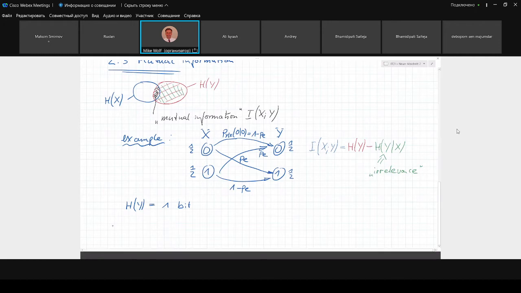Because we can say h of Y given X. Let's say I write this like in this equation. I can say this is 1/2, because a 0 has a probability of 1/2, times h of Y if X is 0, plus 1/2 h of Y if X is 1.